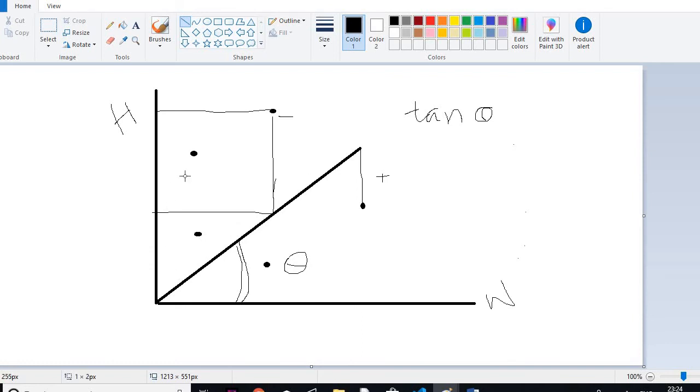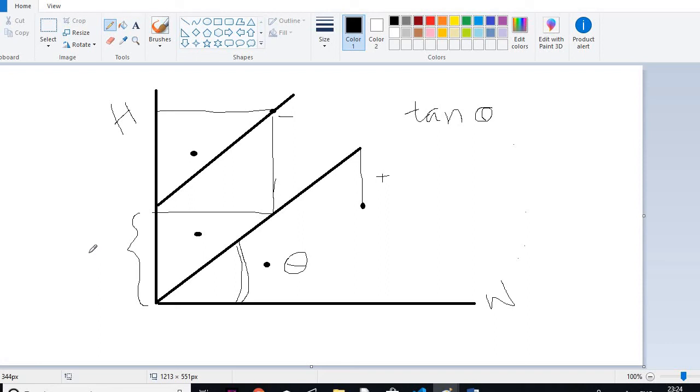If I am drawing a line like this, then the y-intercept is this distance from this point to the origin. We call this distance the y-intercept.